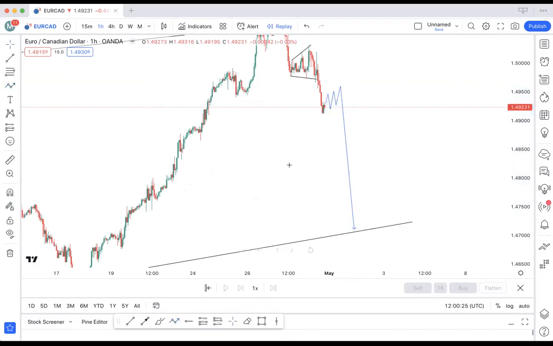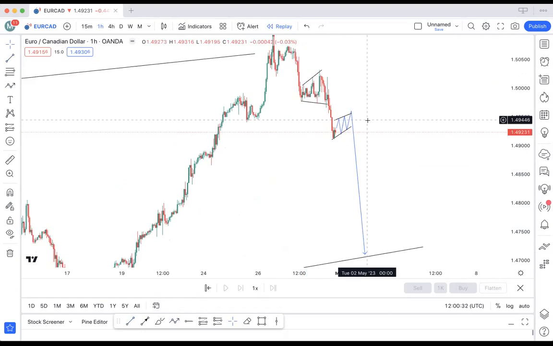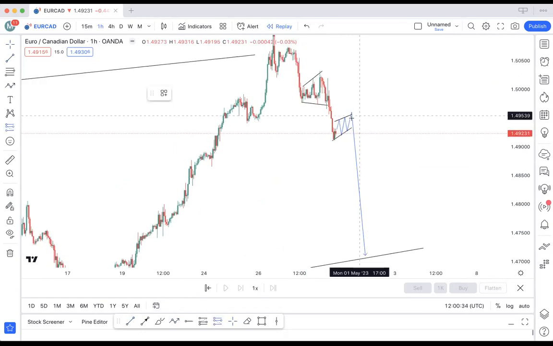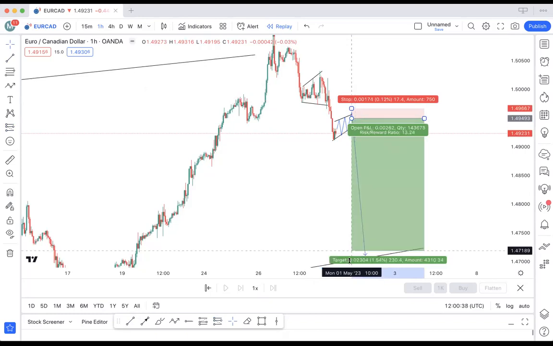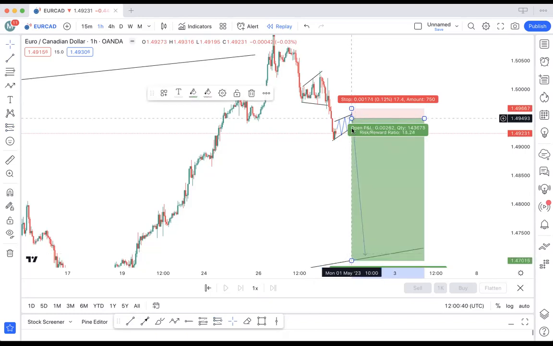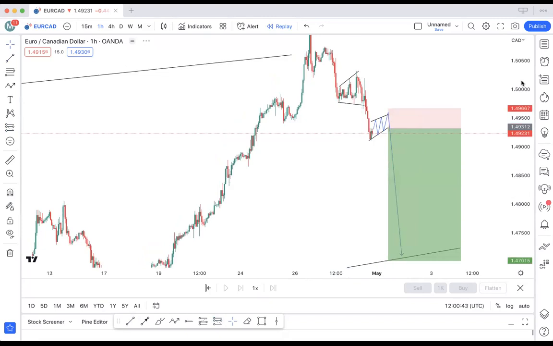If we do get that overall correction, then we'll be more than happy to execute ourselves either on the third touch, like so, or on the breakout, like so. So this is how we need to execute.